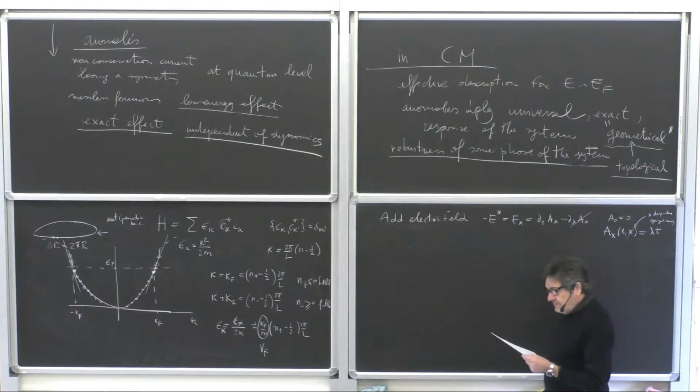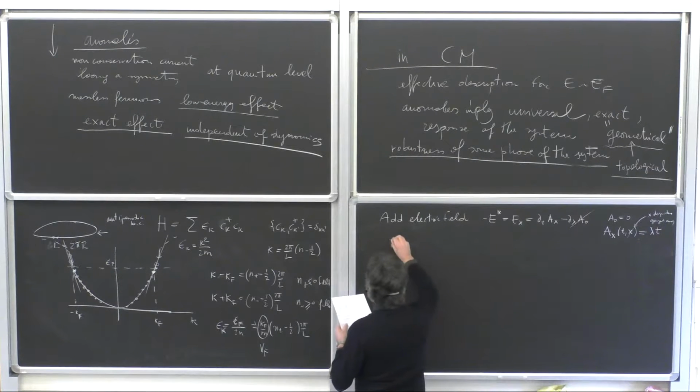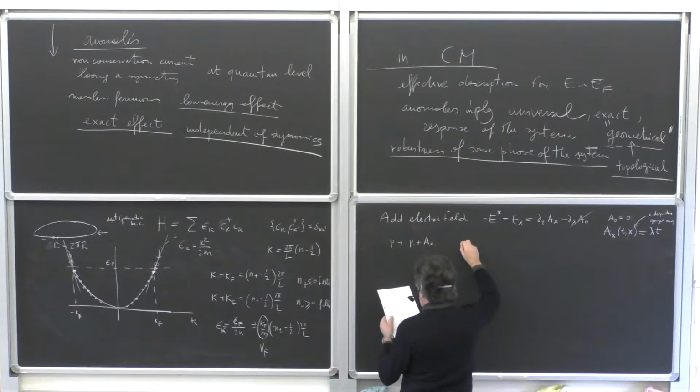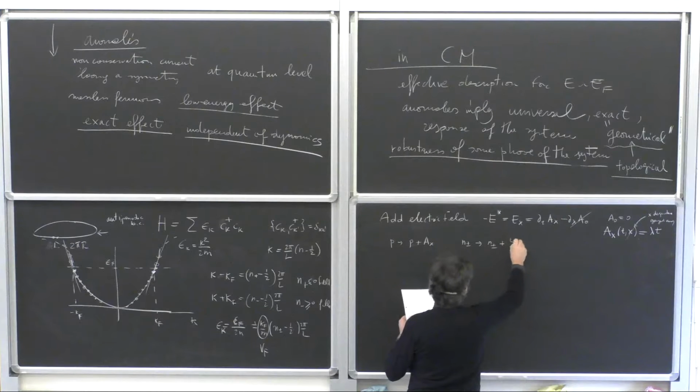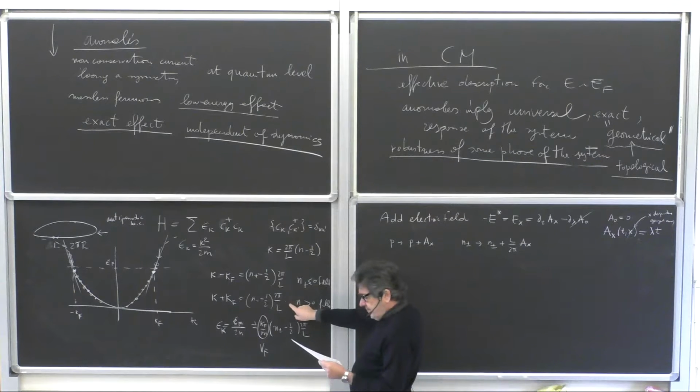Now what it implies is that P goes into P plus AX, and so that means that n plus minus goes to n plus minus plus L over 2 pi AX.